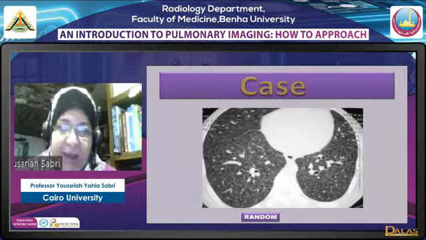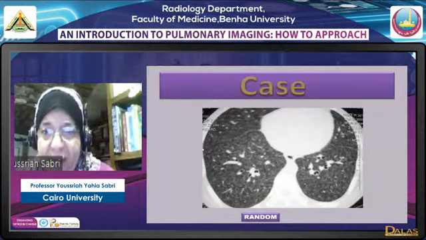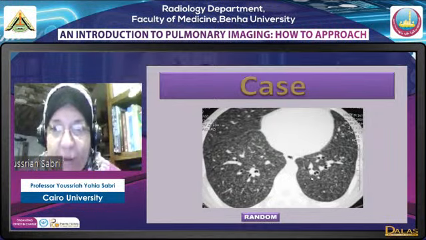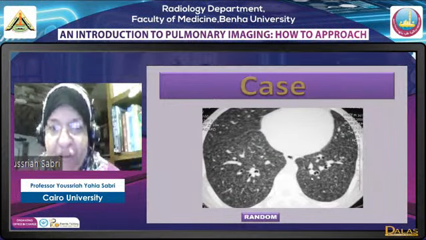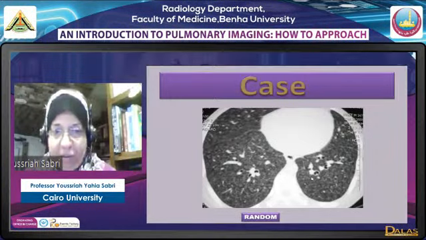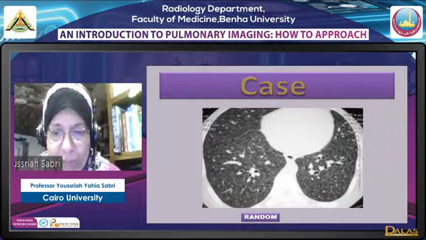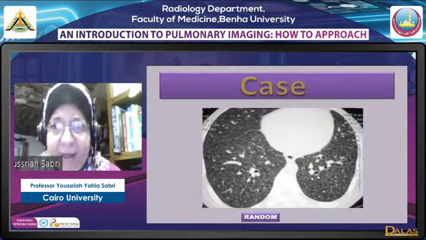Now, in this case, we have micronodules again that we call random appearance. If you look at the fissure, you can see that the fissure is actually beaded. So in micronodules that are numerous and affect the fissure, this is miliary, this is a random distribution.